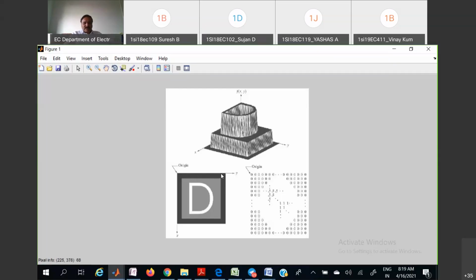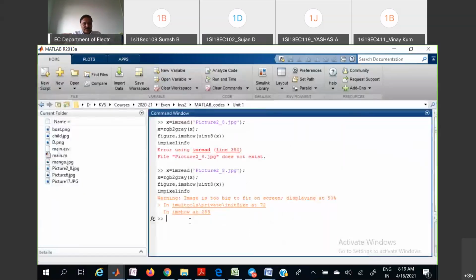So by this you can understand that an image is just a matrix. I can also tell you what the size is. There is a command in MATLAB called whos, which will give you the size of the image. See, observe here, the image is 640 cross 638.